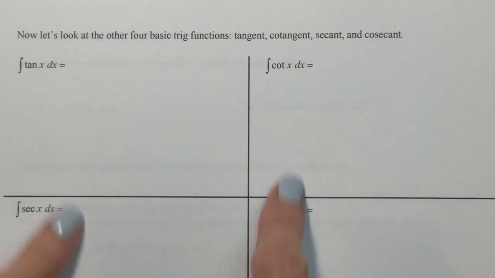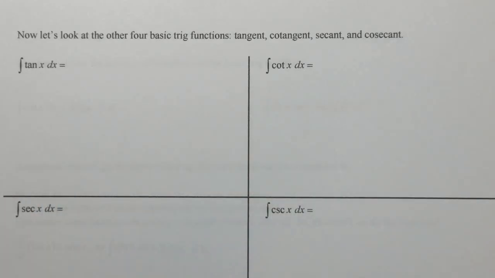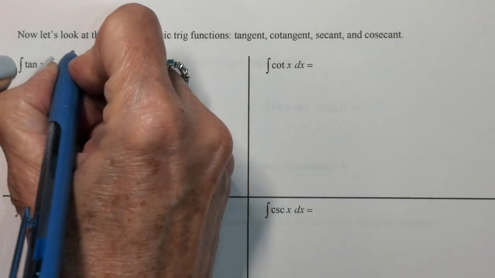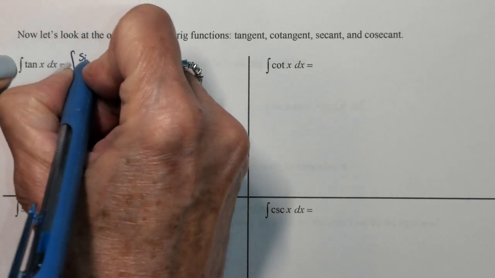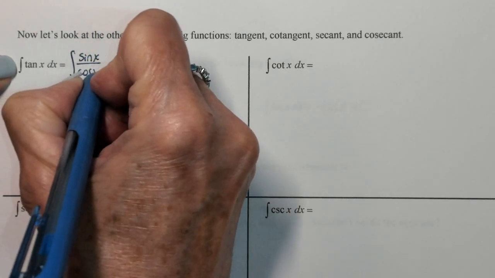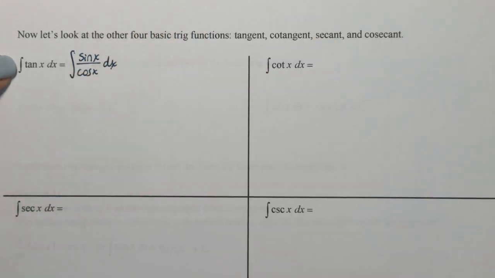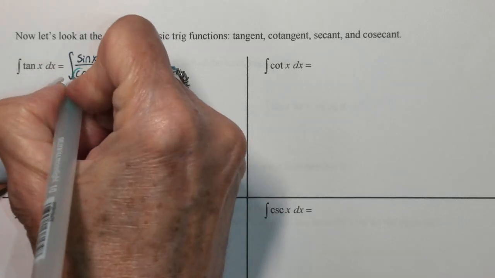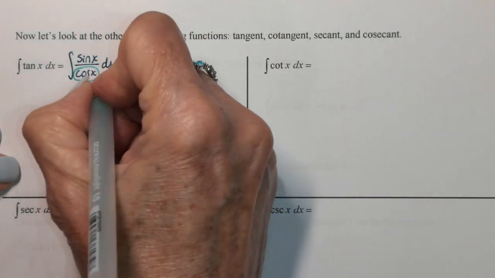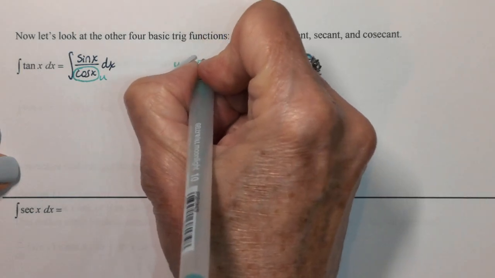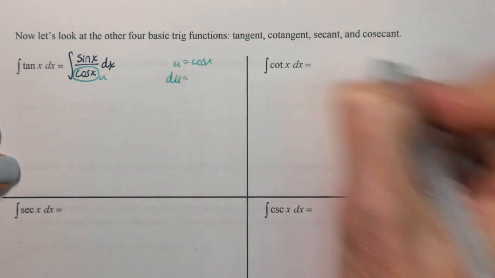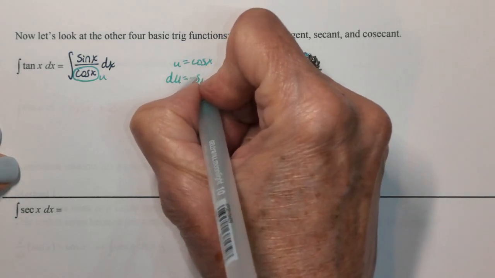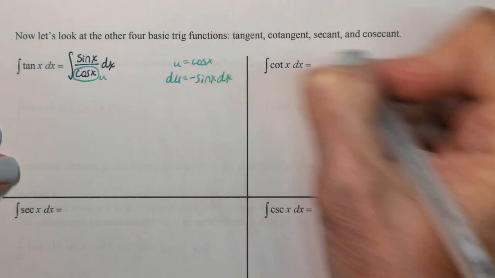Now let's look at the other four basic trig functions. How can we find their antiderivative? Well, I will begin with tangent. I'm going to think of tangent as sine x over cosine x. And now I can do a u sub on it. So I can let u be the entire bottom here. So u is the cosine of x, and du is negative sine x. The derivative of cosine is negative sine.